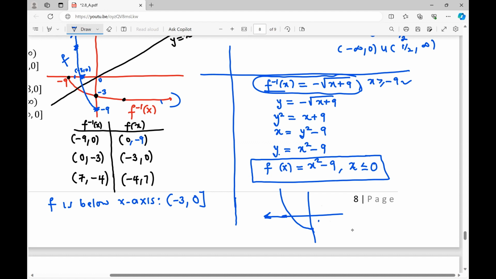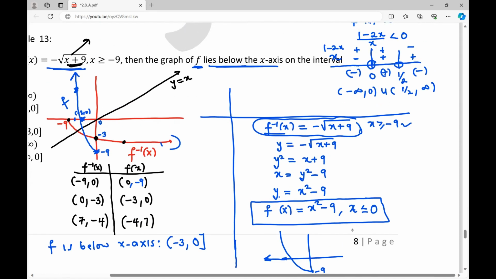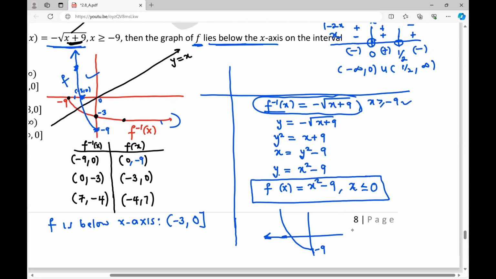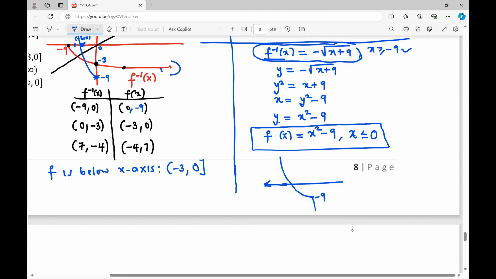You cannot take this side, so this side is not included. And here is minus 9, which is the same as what we got when we did the graphical method, taking points.